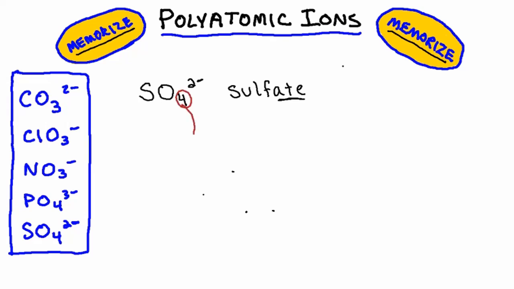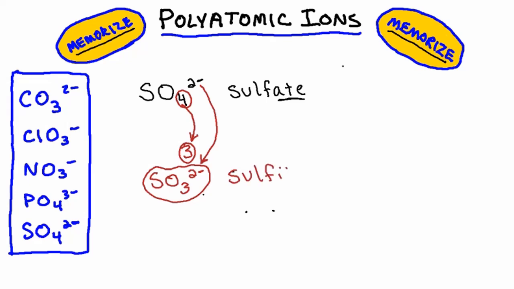If you were to take that 1 oxygen away, you would end up with 3 oxygens, you would end up with SO3 with a 2 negative charge, because see, the charges stay the same, so it's still 2 negative. So if you have an SO3 with a 2 negative charge, that's going to be, of course, sulfite.